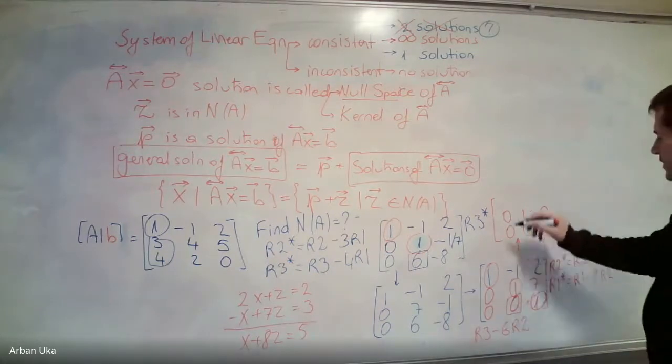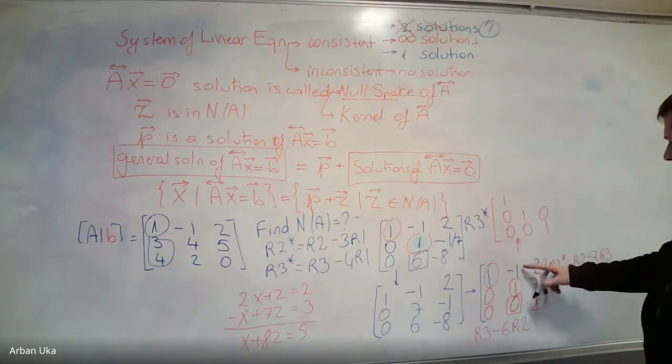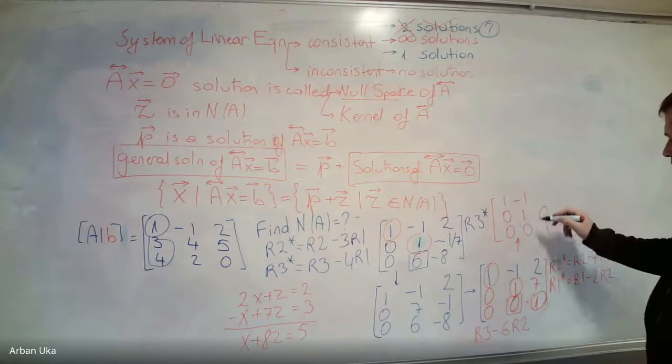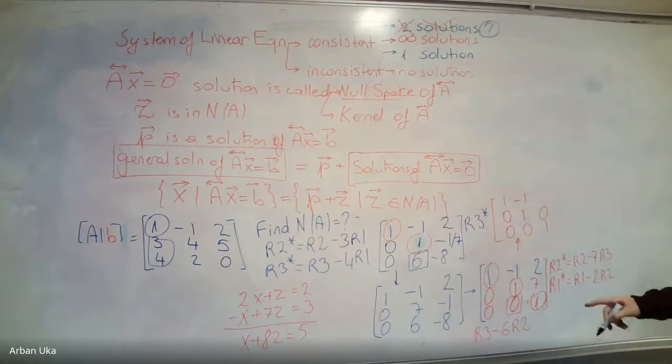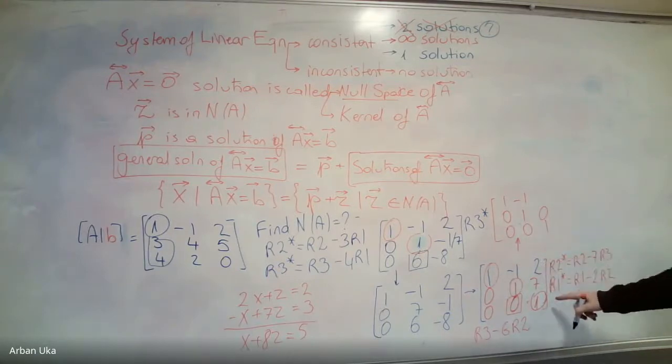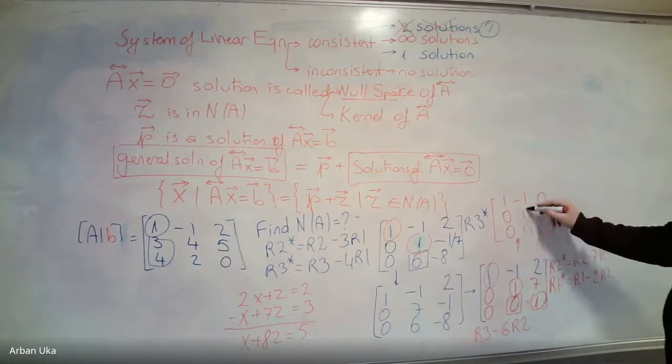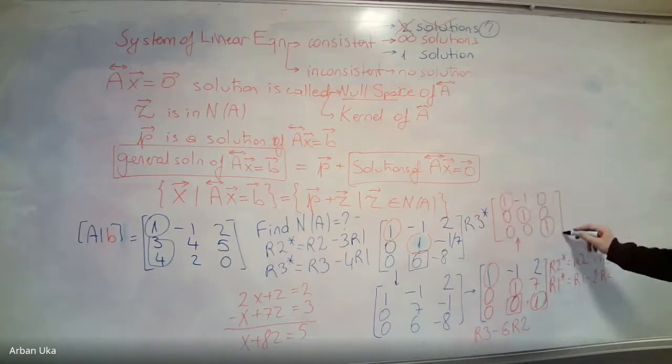So here we have 1 minus 0, 1, minus 1 minus 0, we get minus 1, and 2 minus 2, we get 0, okay? So the leading ones are these here.